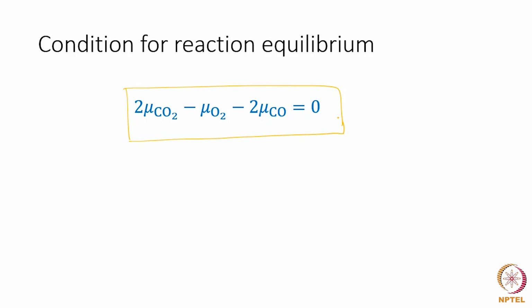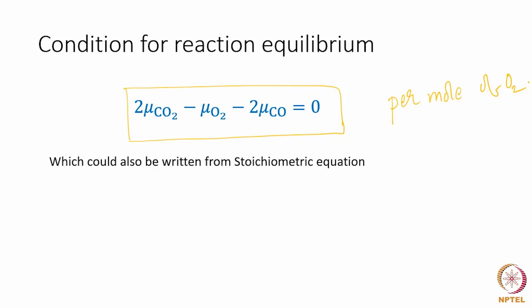The reason is that very often these conditions are written as per mole of oxygen. Usually we tend to write oxidation reactions, reactions involving oxygen, with 1 mole of oxygen. And we could also notice immediately that we need not have done all this jugglery of expressions, because we know the stoichiometric equation for the oxidation of carbon monoxide to form carbon dioxide.